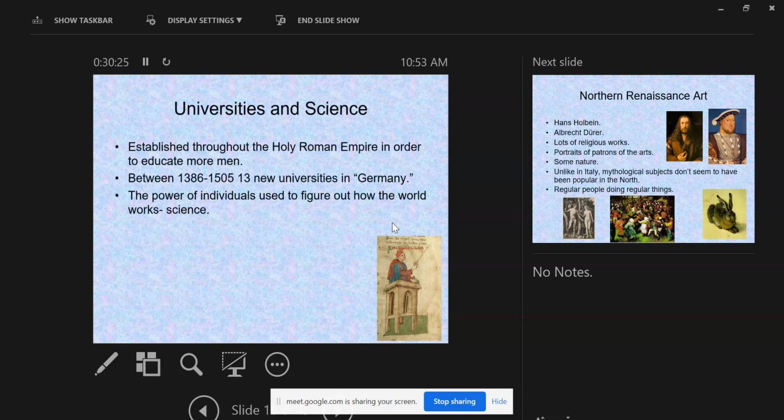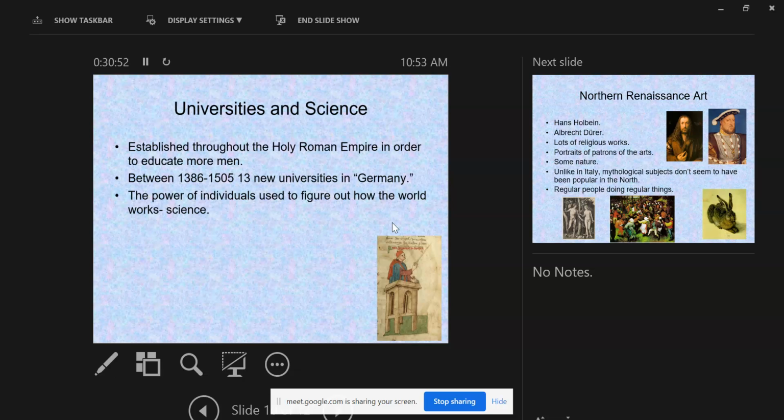At this point in time, we see the beginnings of science and the spread of universities. I probably should have said that the other way around. We see the spread of universities throughout Europe and more people interested in how the world works. There's this thing called the Holy Roman Empire. I'll talk about that a lot.